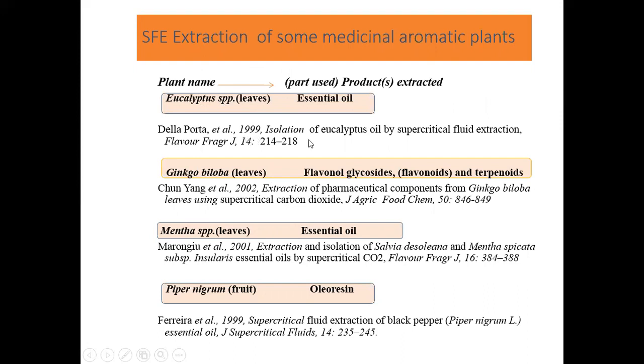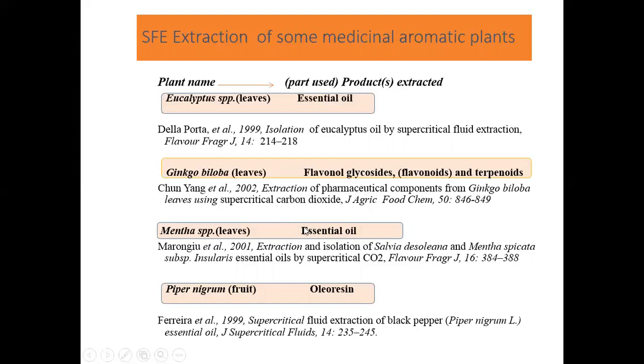The title was Isolation of Eucalyptus Oil by Supercritical Fluid Extraction. The second example, flavonoid glycosides, flavonoids and terpenoids are isolated from Ginkgo biloba. This paper was published in 2002. The title was Extraction of Pharmaceutical Components from Ginkgo biloba leaves using supercritical carbon dioxide.